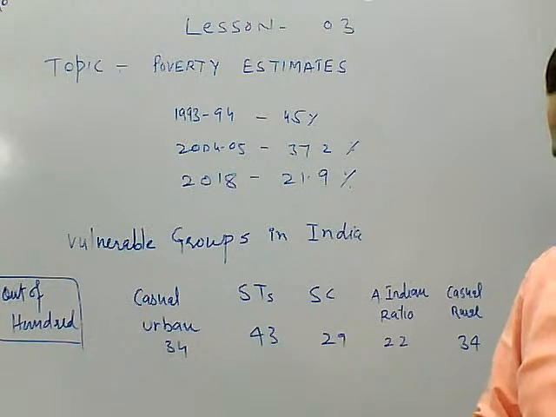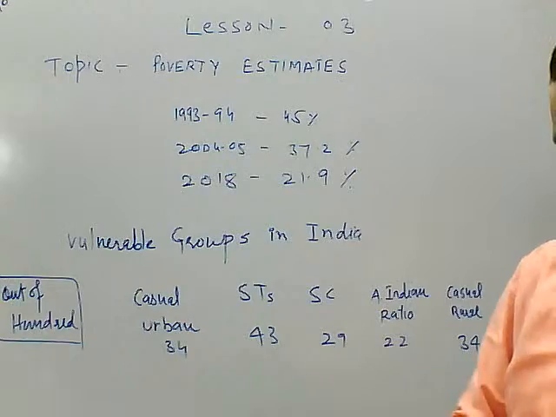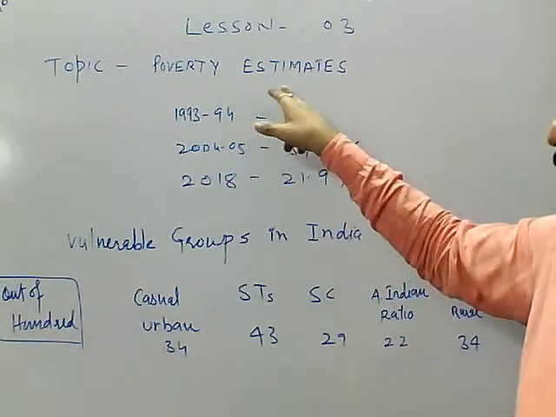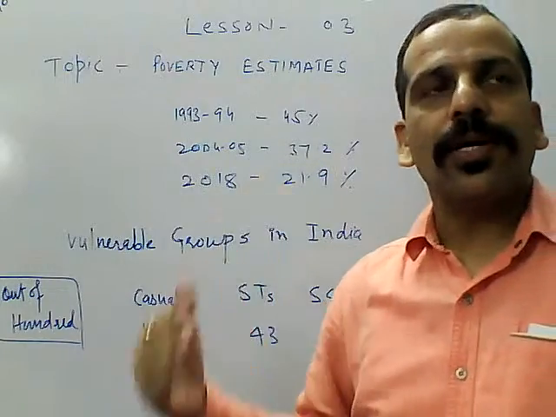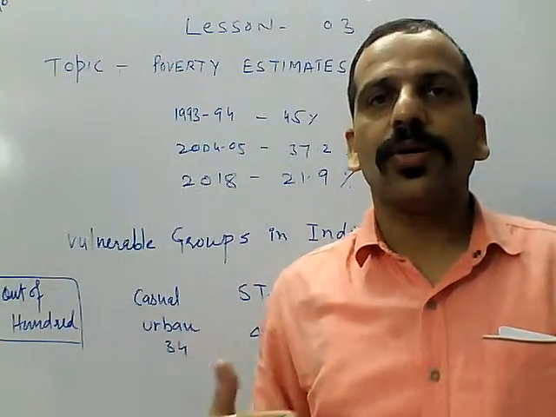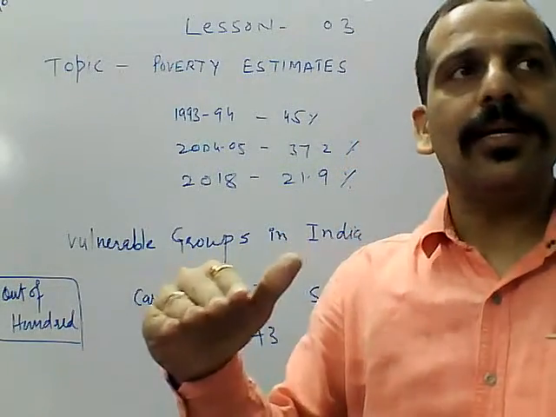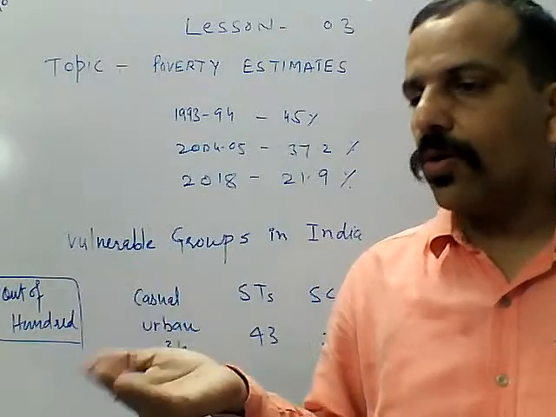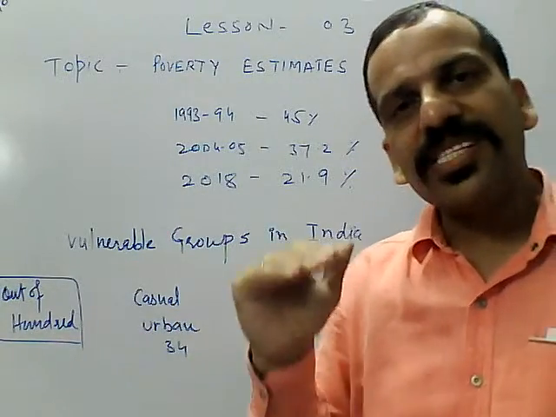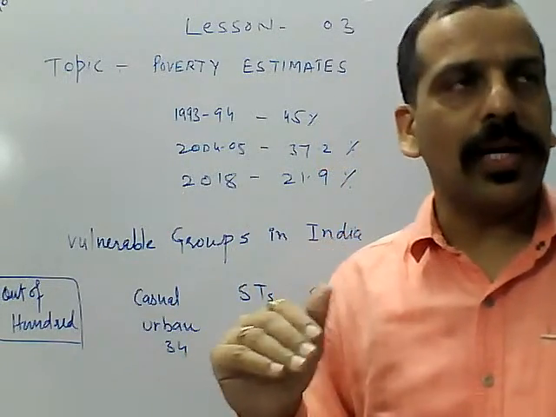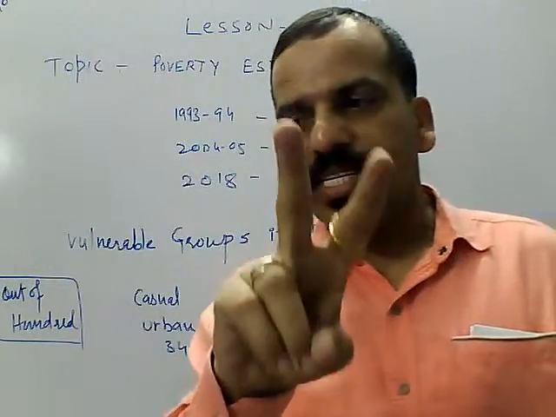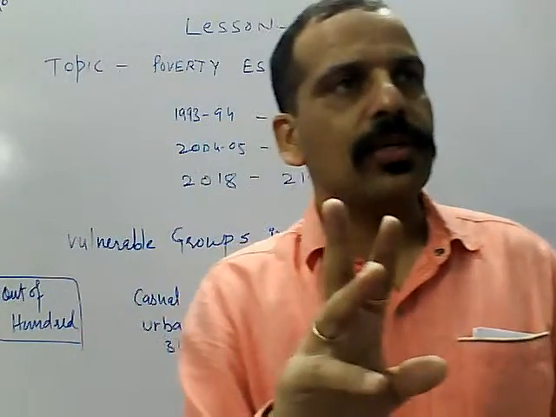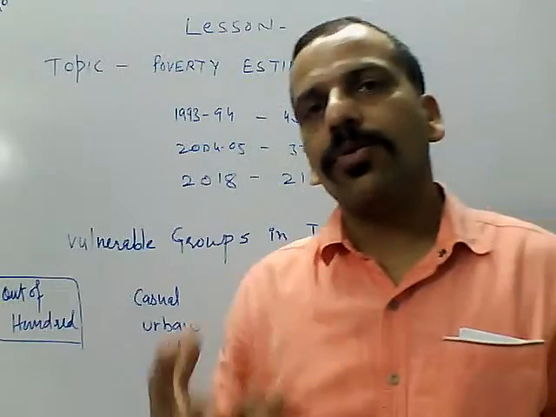Very particularly, last time we discussed the poverty line. In the poverty line, two points are there: income and calories. These are the two points that determine whether we are above the line or below the line. Poverty line, below the poverty line, above the poverty line, is estimated by consumption, so there we check the calories.